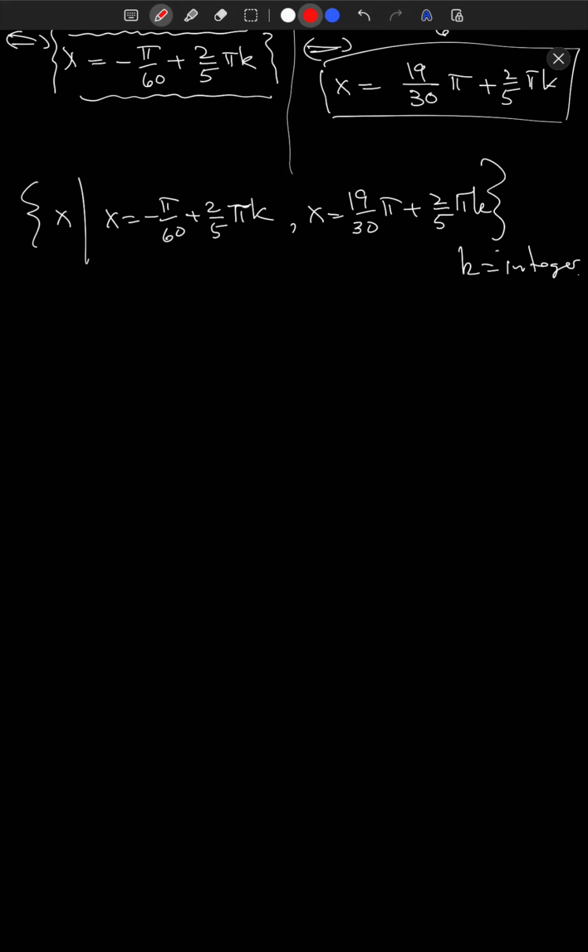Okay, so the second type of problem, or kind of a refinement or a variation of this kind of problem, is something like this. So I'm going to write down the same exact problem.